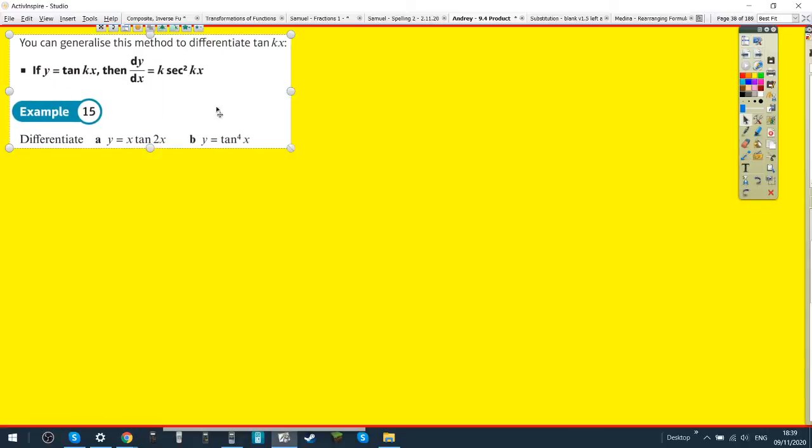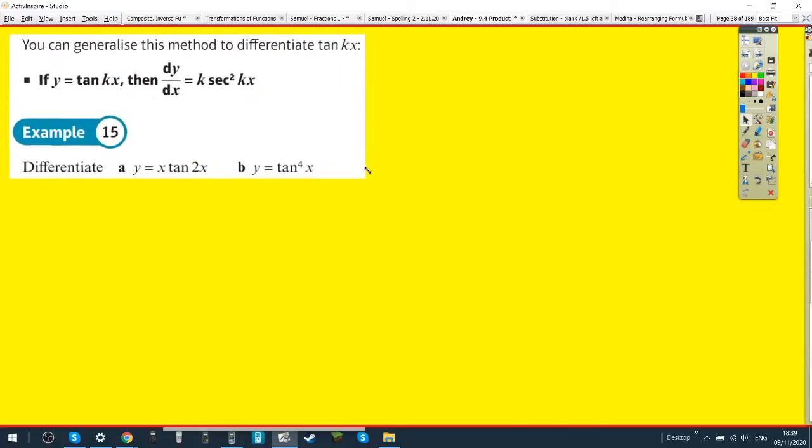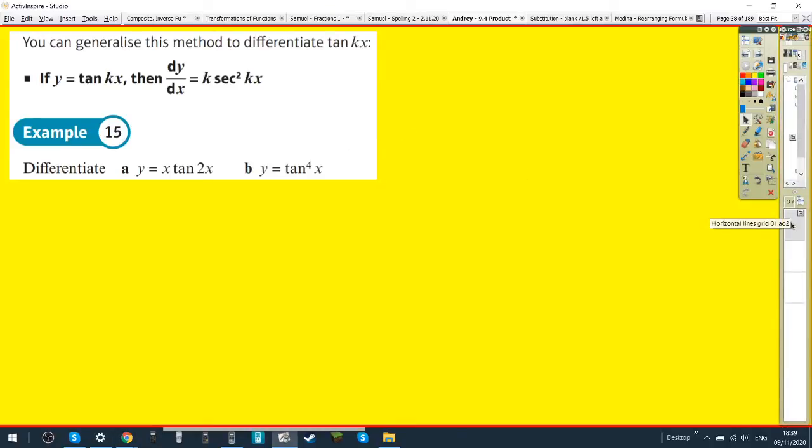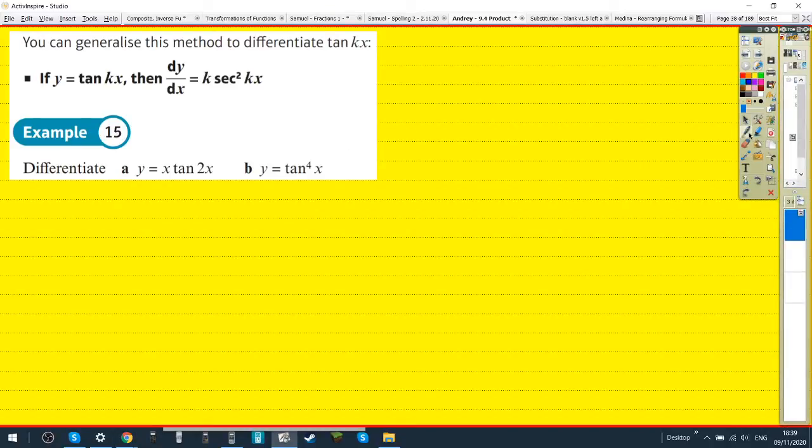Okay, let's try these. So am I then doing x sine 2x over cos 2x? Slow down, buckaroo. u equals x. v equals tan 2x.